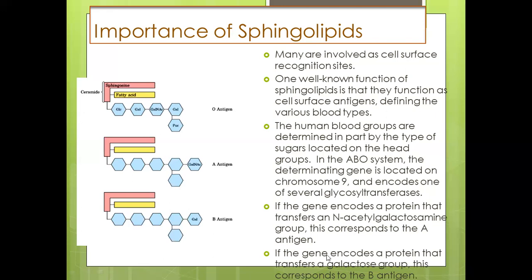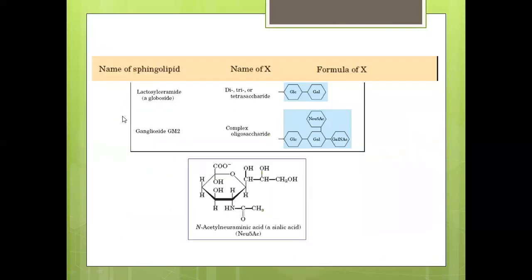So if a gene encodes a protein whose function is just for transport, in this case to transport a galactose group, then your blood would be defined as B. So anyway, that's just an application. Don't bother so much with this. It's just an application of your sphingolipids, where the differences on the complex oligosaccharide would define the blood type that you have.